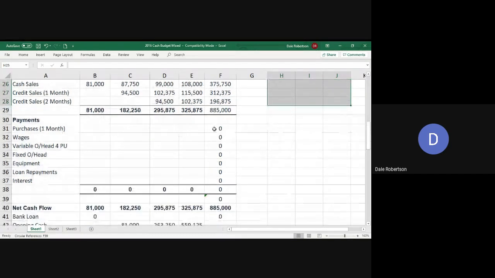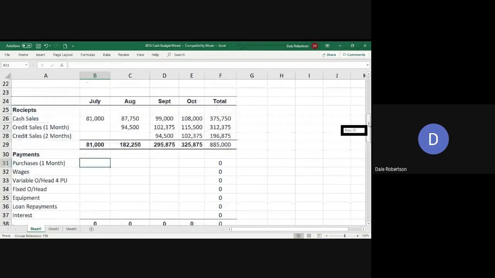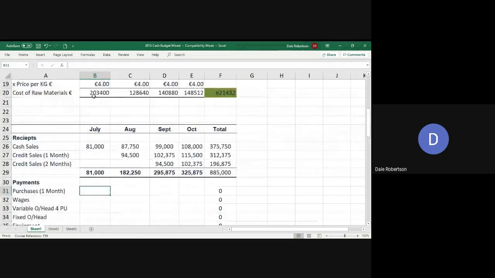Now, paragraph number 5 in the question talks to us about suppliers, and it says 1 month's credit is received from suppliers. We've done all the hard work here already, because in part B of the question, we've worked out how much we are buying in each month. All we have to do here is say that we're going to pay for it in the following month.